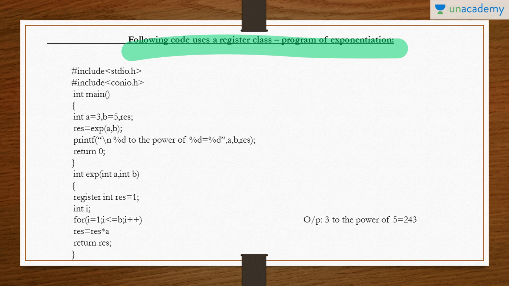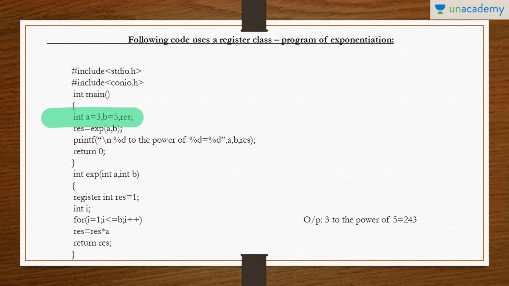Here we define three variables: a with value 3 of integer data type, b equal to 5, and the exponential's result will be stored in the third integer variable, result, meaning res. Here we define a function which gives result equal to exponential of a comma b. As I told you earlier, functions are declared and defined within a program, within a certain block, with particular parameters.